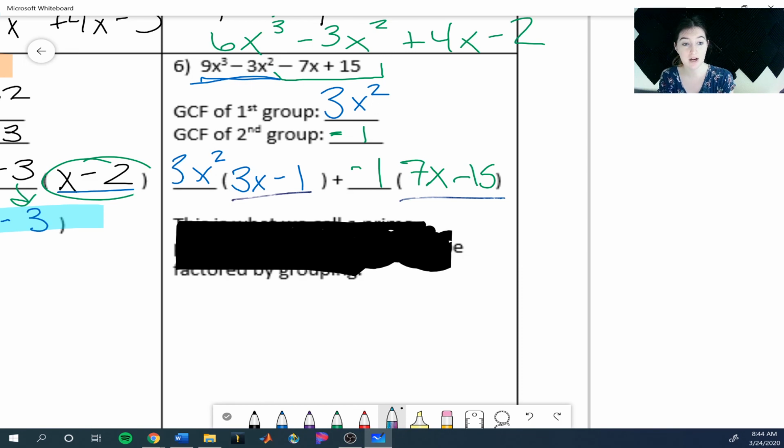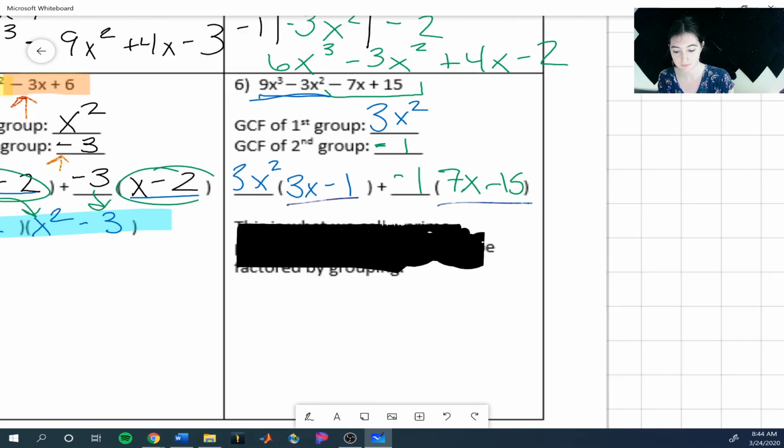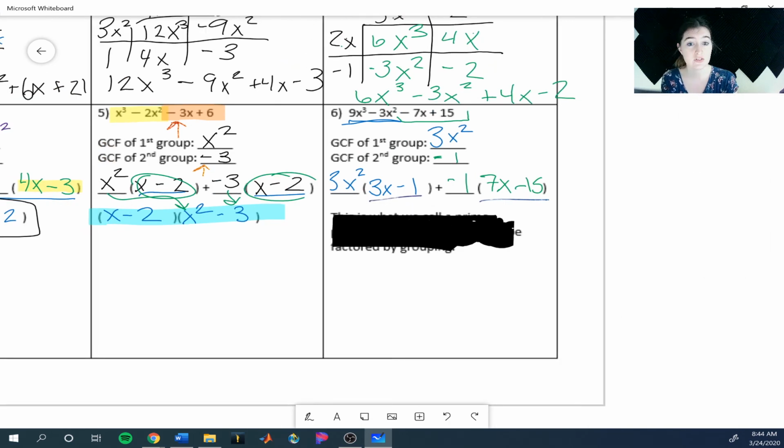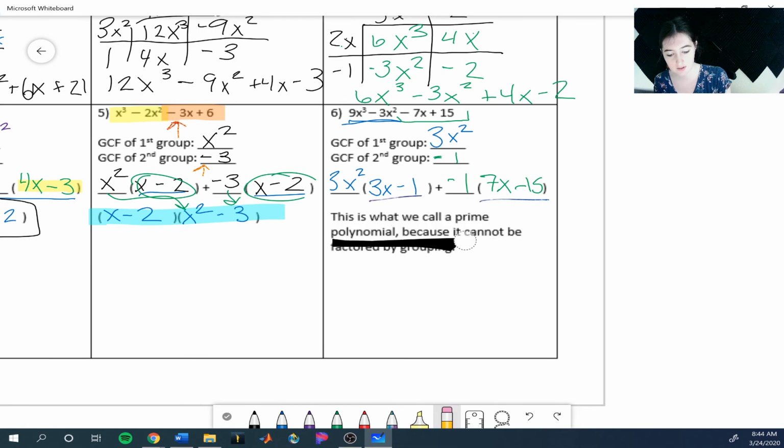So if we look at our other problems, we factored out what was the same. These aren't the same, so can I factor it out? No. So this tells me, here, I'm going to erase our magic, that this is a prime polynomial. It's prime.